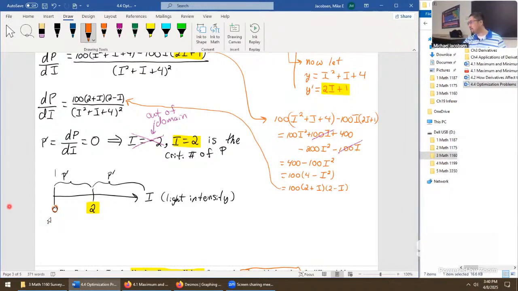Take 0, evaluate dP/dI at light intensity I is 0. So this is the derivative. It's over here as well, but we're just evaluating at I is 0, and that would give us across the numerator 100, 2, negative 2, and the denominator is just 4 squared, so 16.